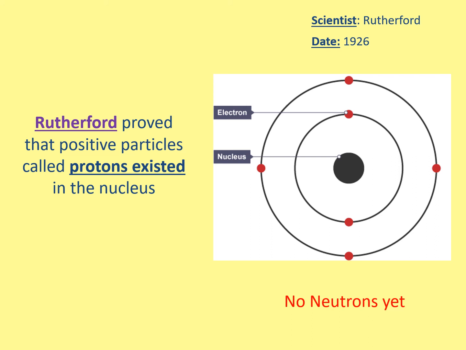So it was electrons first, then protons. And we didn't think neutrons existed yet. All they thought was that the nucleus contained protons. And that was done by a different experiment again. But it was Rutherford who was the scientist who did that. So we went from the Bohr model, and then we discovered that protons were in the nucleus.